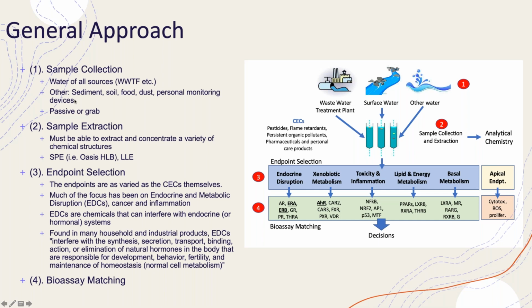These can also be from other biological matrices as well, although we won't be talking about these today. But things like food, dust, particles, sediments, soil, even personal monitoring devices like silicone bracelets are all sources of these chemicals that we can then look at using these bioanalytical tools.